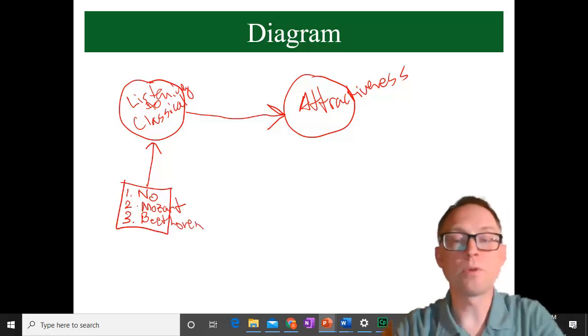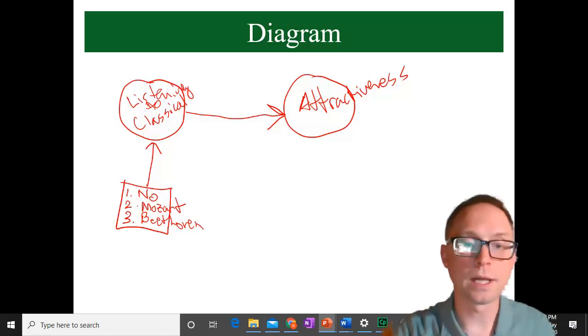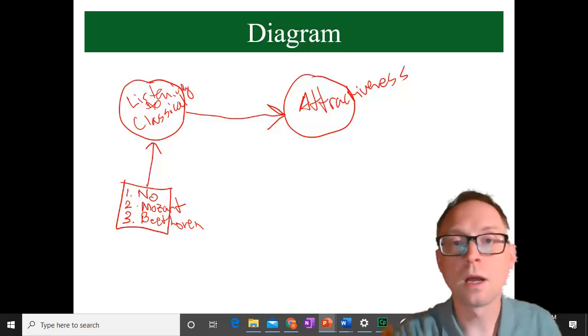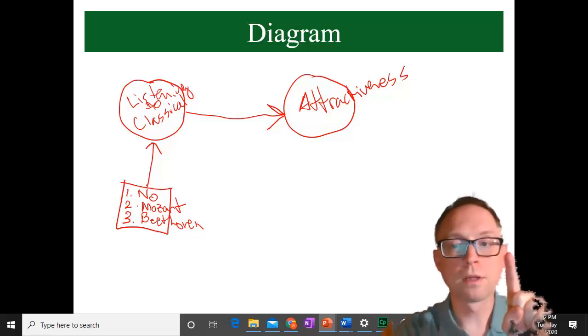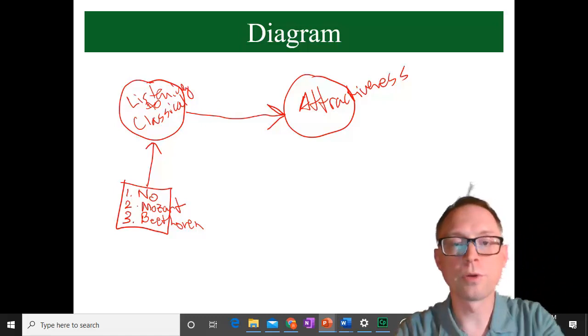Right? That would mean that we have three levels of the independent variable listening to classical music. Okay? So let's say that each of those are going to be in a room for 30 minutes where they listen to nothing, they listen to Mozart, or they listen to Beethoven. So those are our three groups.